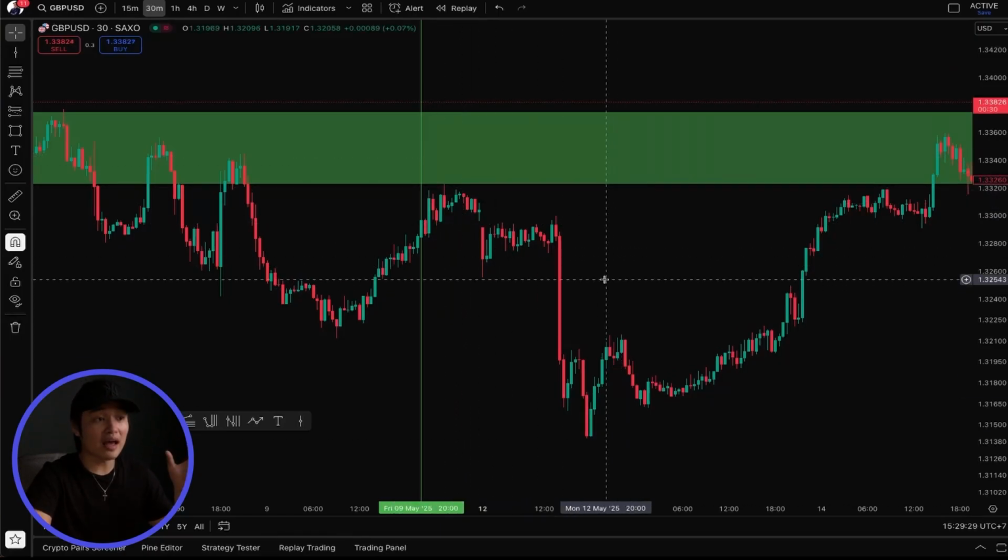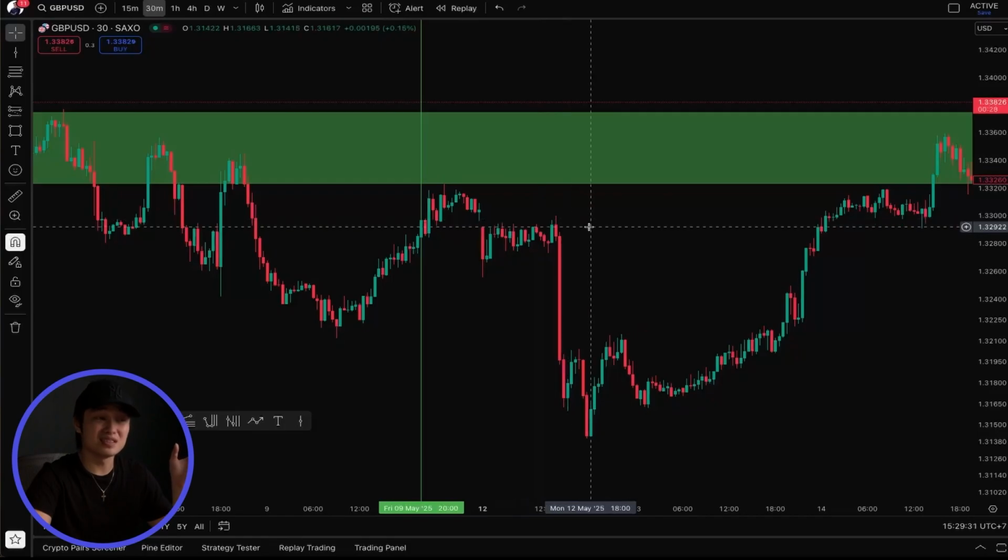So I would enter here, but I did not, because I saw a different angle in the market, so I mistakenly did not see this as the major movement.